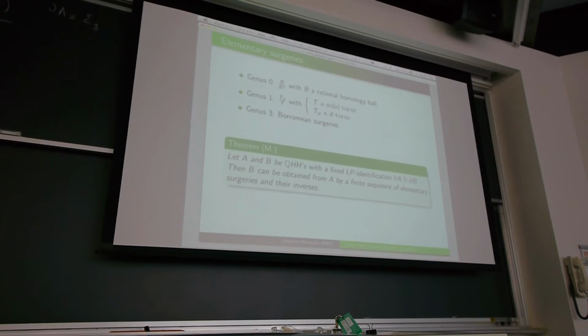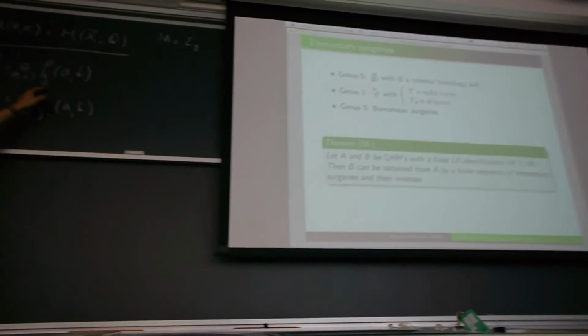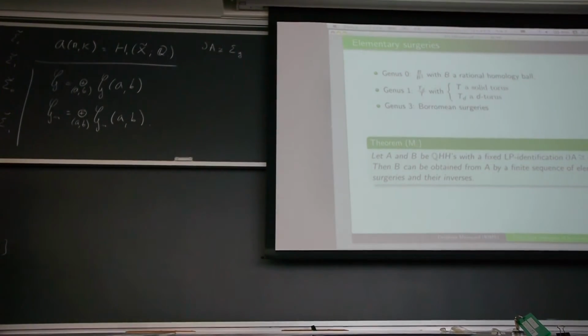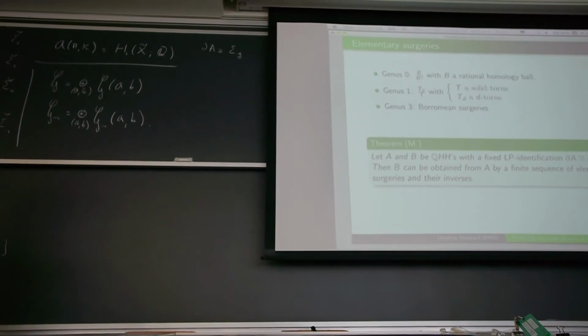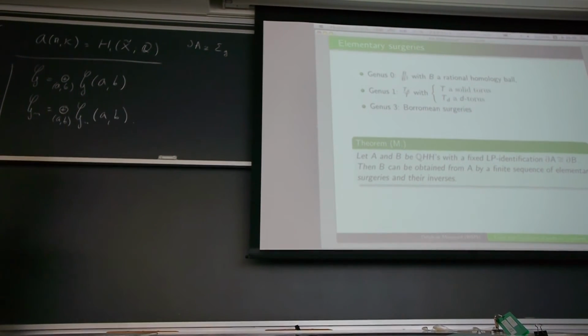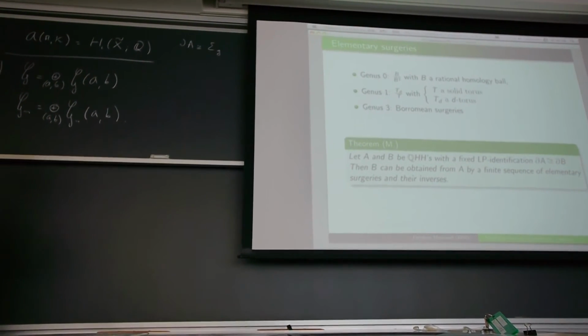And this is very important in order to describe the graded space GAB, because it implies easily that this graded space is indeed generated by all brackets defined only by elementary surgeries. So it's a step in the way to describe combinatorially this graded space.